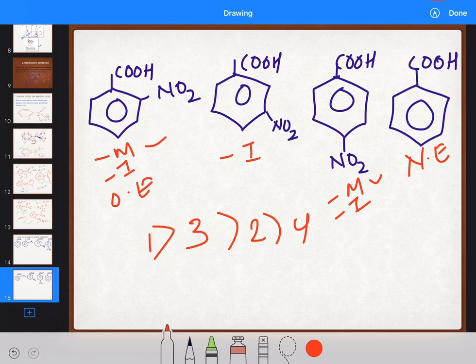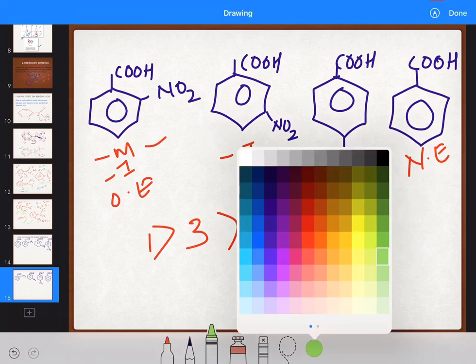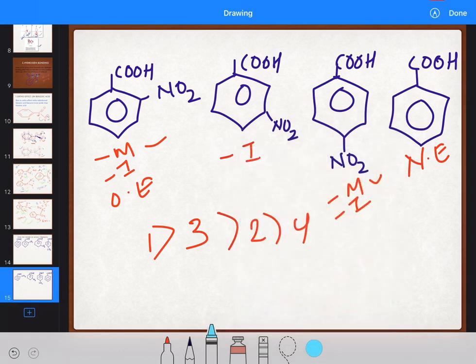What did the ortho effect tell us? The ortho effect told us that ortho substituted benzoic acid is more acidic than benzoic acid, correct? So this one is ortho substituted, and this is benzoic acid. According to the ortho effect, the ortho substituted benzoic acid should be more acidic than benzoic acid, and that is already the case here.